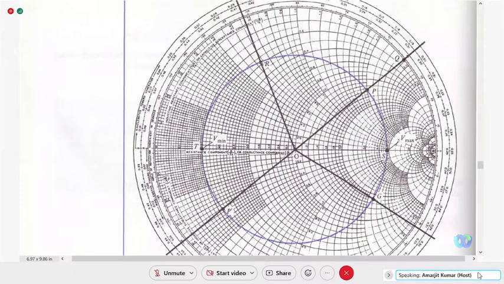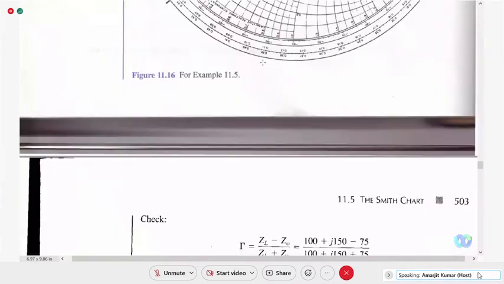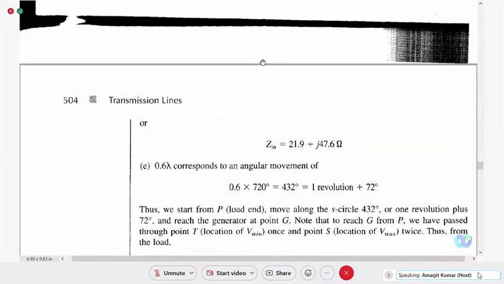And what is the reactance for this point? Reactance is between 0.6 and 0.65, close to 0.65. 0.635 you can take, 0.635, not 0.6. So see now what is the answer.